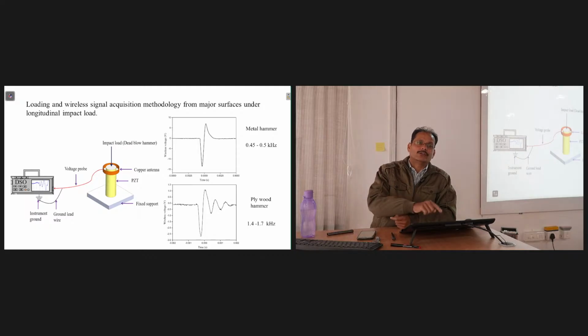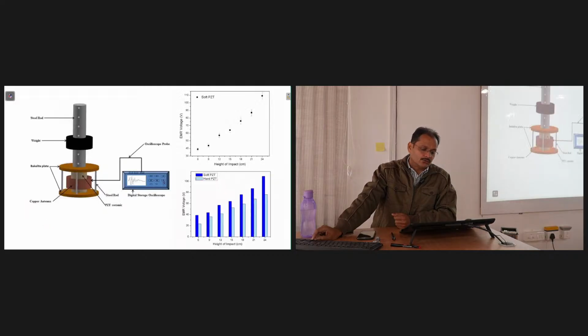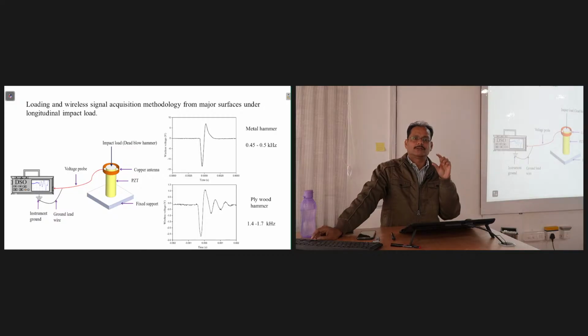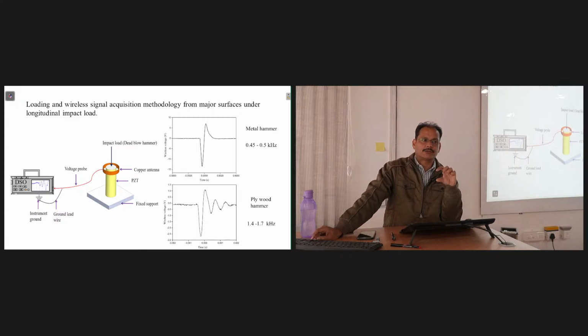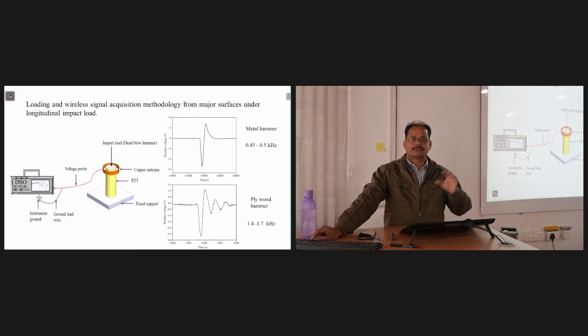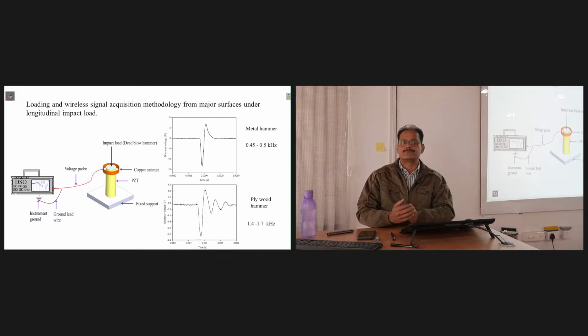These we had bought; these we did not make. PZT we had bought ready-made. Yes, the sample sizes remained the same. The PZT is always 6 mm diameter and 15 mm height. For both, only the setup to apply impact changed, but the size of the sample remained the same.